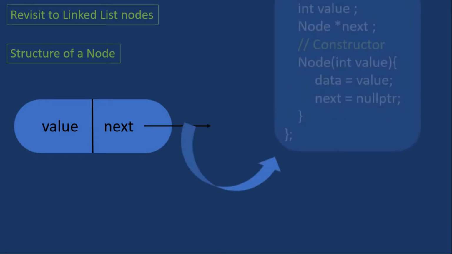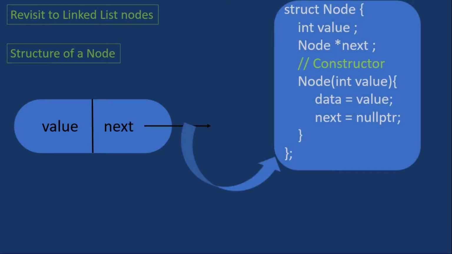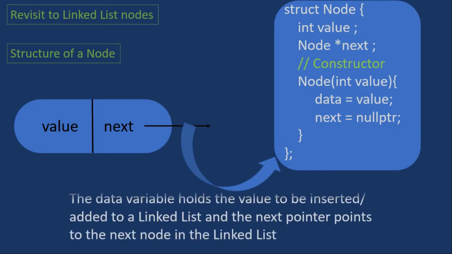So when creating a node using a struct or a class, but we'll be using a struct, we will define the integer data variable and the next node pointer. And we create a constructor because every time we create a node, we want to initialize the data variable as well as the next node pointer, so that we don't have to do it manually in our functions.